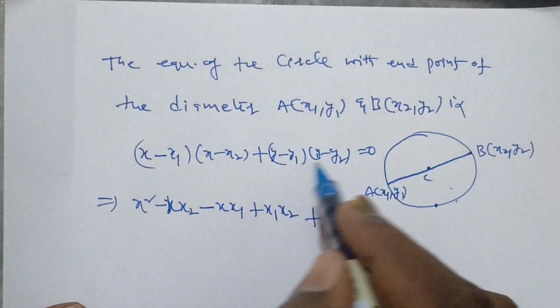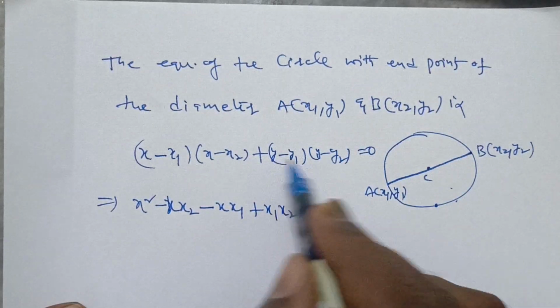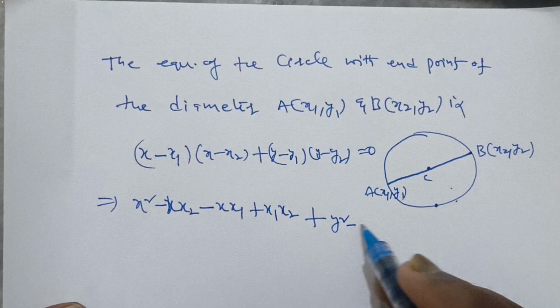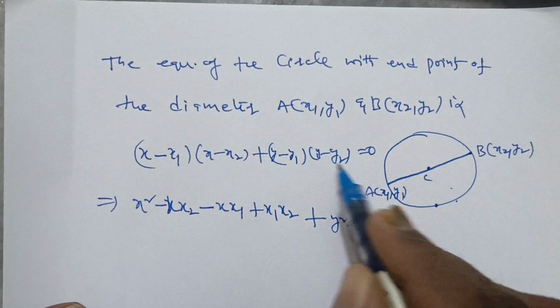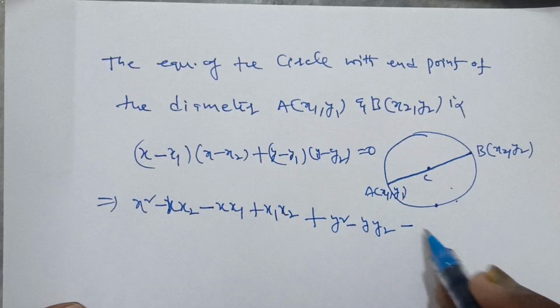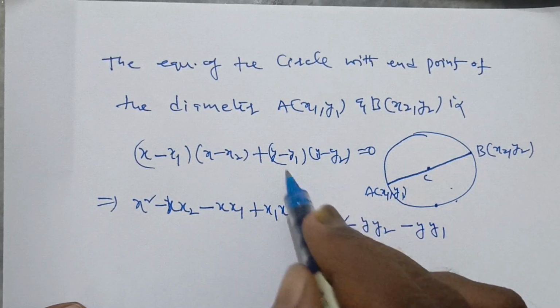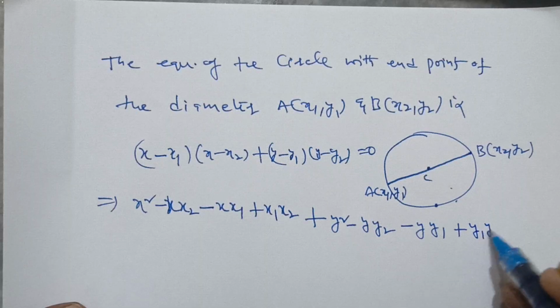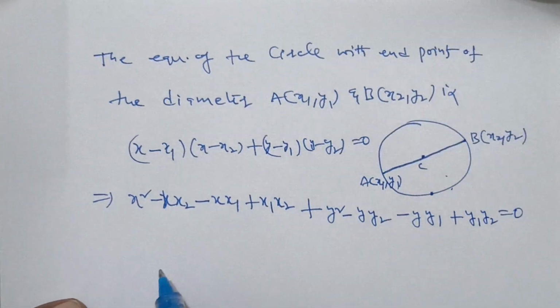Similarly multiply these two: y into y is y square, y into minus y2, minus y1 into y, and minus y1 into minus y2 gives plus y1 y2, equals 0.